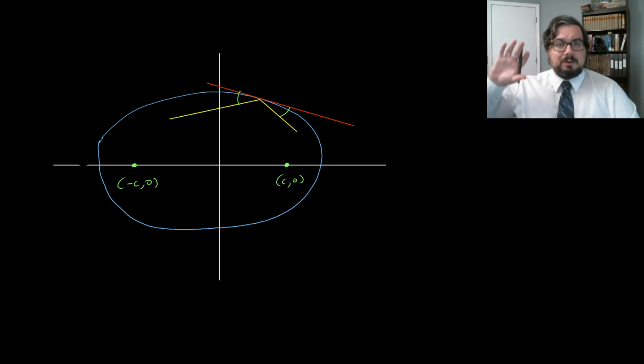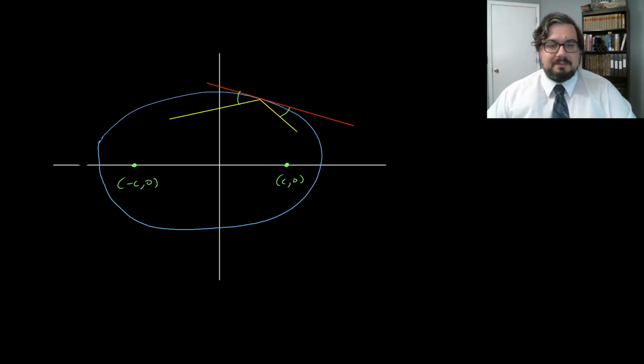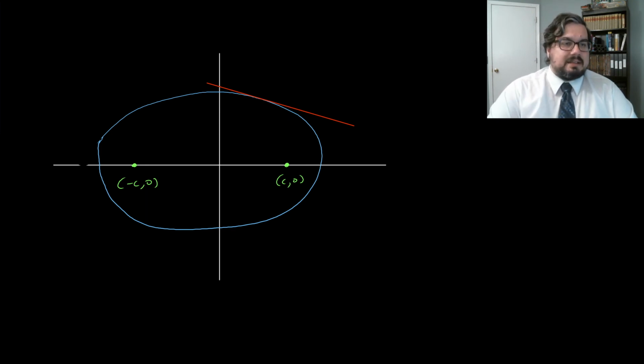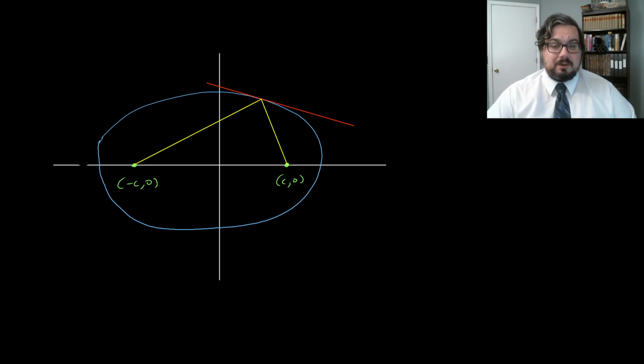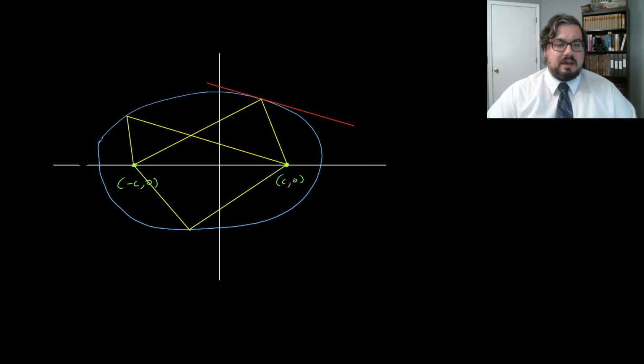It's not like the parabola where there was a direction that things were opening up. But what is interesting is that if you go from the focus out to a point on the ellipse and look at the reflection, it turns out the reflection is always going to take you exactly to the other focus. No matter where you go and reflect it off, it's going to get to the other focus.